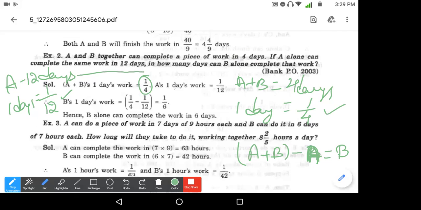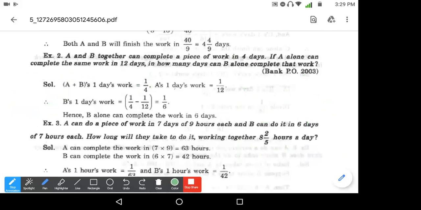So that is the logic we are using. So A plus B's 1 day's work is 1 by 4, and A, if he is working alone, is finishing 1 by 12. So to get B alone's 1 day's work, we will subtract A plus B minus A. A plus B is 1 by 4, minus A is 1 by 12.